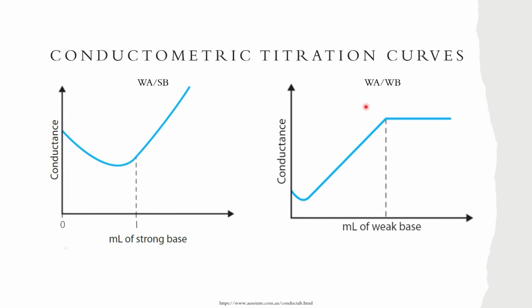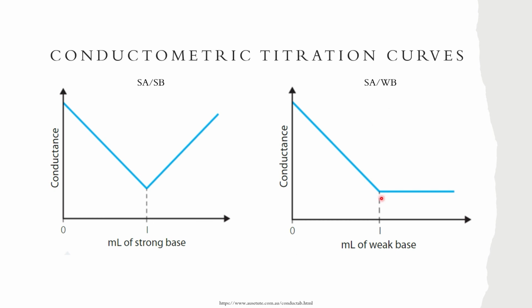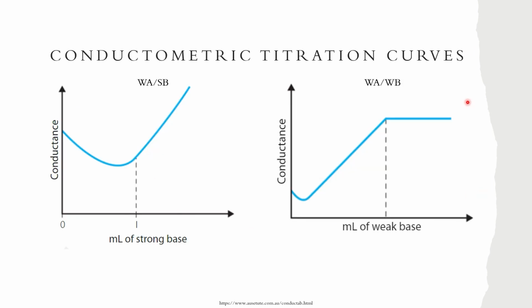When we look at a weak acid and a weak base, in general we have quite a low conductance to begin with, and as we add more and more ions, we might see a bit of a kick in conductivity, but once we hit the equivalence point, we are going to start to flatten out the curve like we saw for the weak base previously. Again, these weak acid, weak base titrations are not curves that we focus on all that much, but it's still something that we can look at.